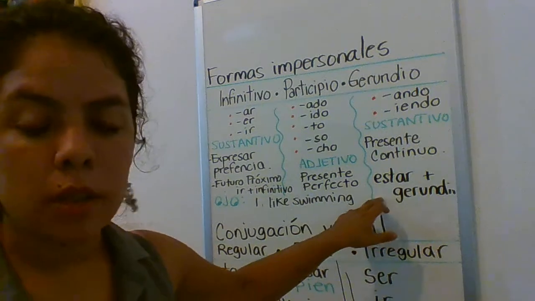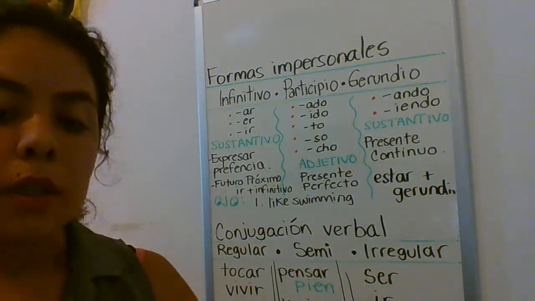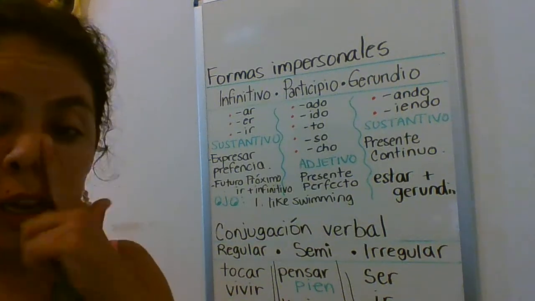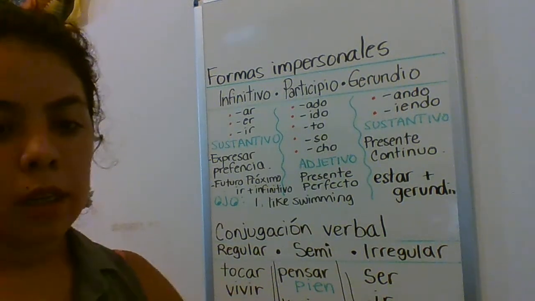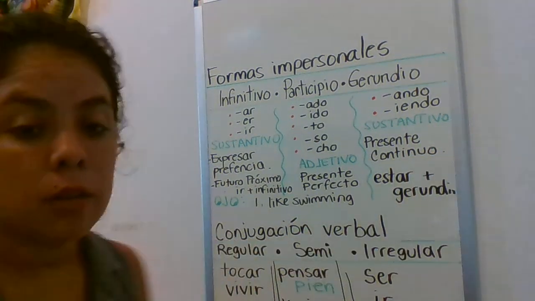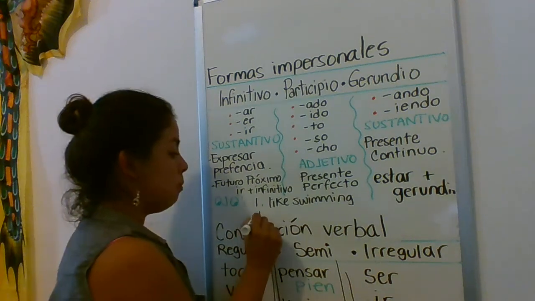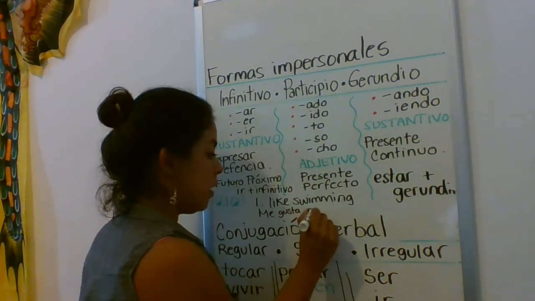We don't use this form to express preference. We are going to use infinitivo. When I say I like something, I hate something, I prefer something, we don't use gerundio like you do in English. We're going to use infinitivo. Me gusta nadar.